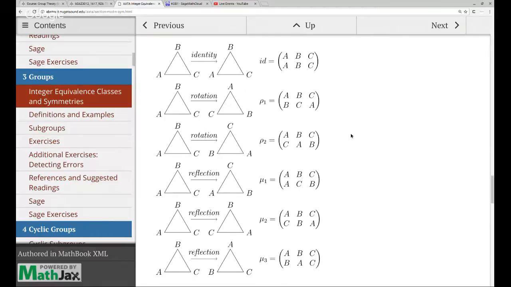So the identity says send A to A. The top is the input, the bottom is the output. Then B to B, C to C. This rotation sends the vertex A to B, B to C, and C to A. So we have one of those permutation symbols representing each of these symmetries of the triangle.